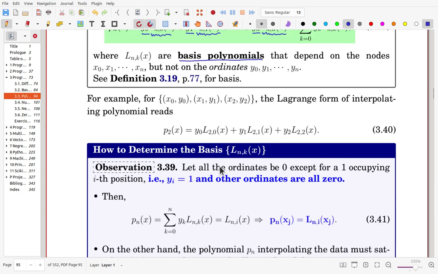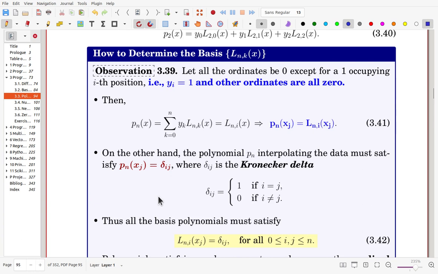Now, the major thing is that we have to know how to construct the basis polynomial lnk. To get an idea, we start with a very special case. All the ordinates are 0 except for one occupying the ith position, which means that yi is 1 and the other ordinates are all 0.